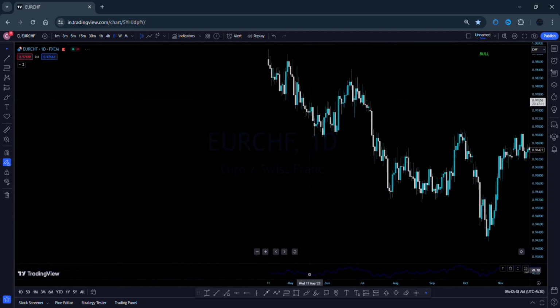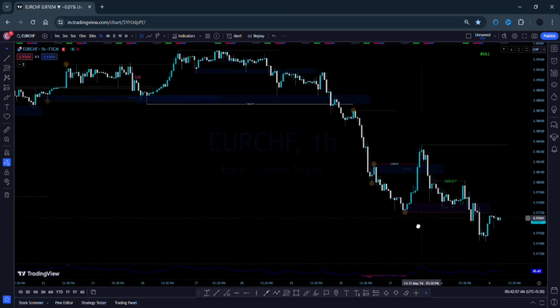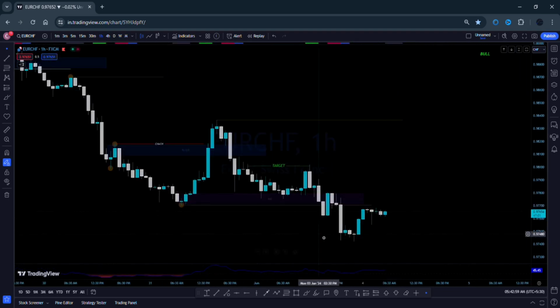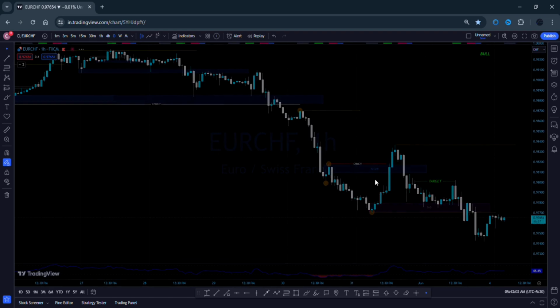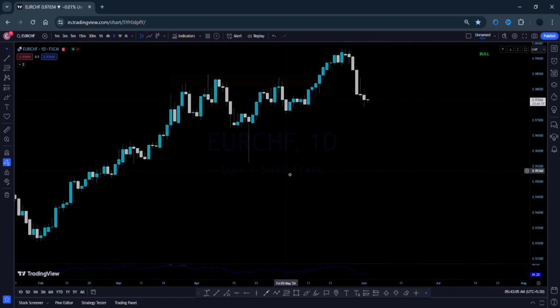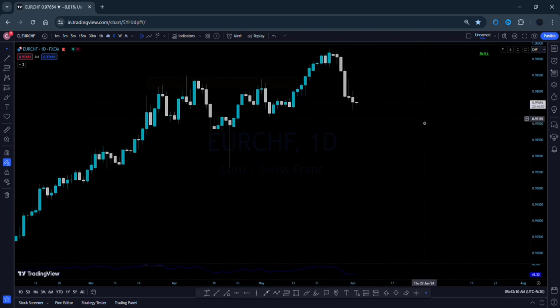So the reason why I took this trade: this was the 3 June, daily looking down, H1 bearish market structure, and this was the whole idea. Oh no, we have something else here. Why didn't I put anything here? Euro CHF.